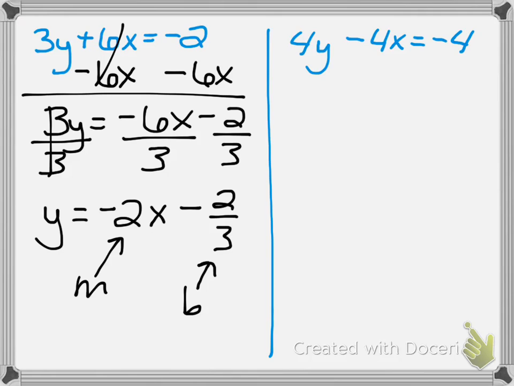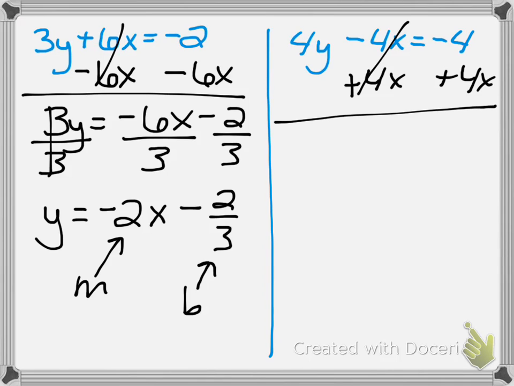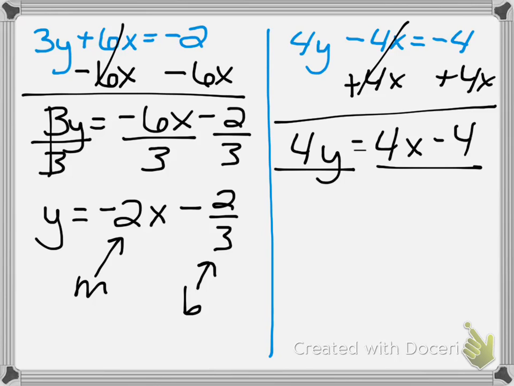My next equation is 4y minus 4x equals negative 4. So I have a negative 4x. I'm going to add 4x to each side. Those cancel out, and I'll be left with 4y equals 4x minus 4. I'm going to divide each side by 4.